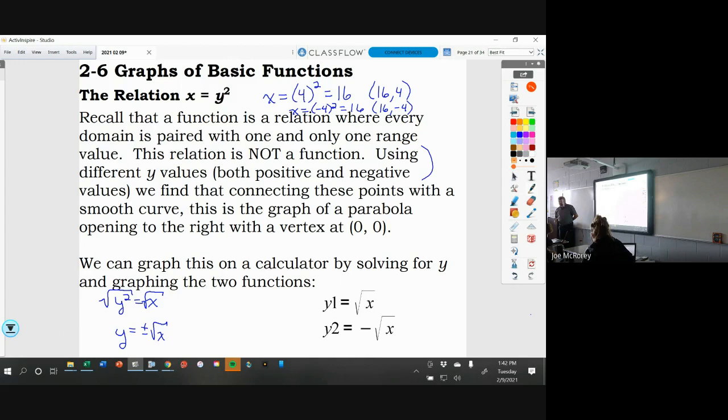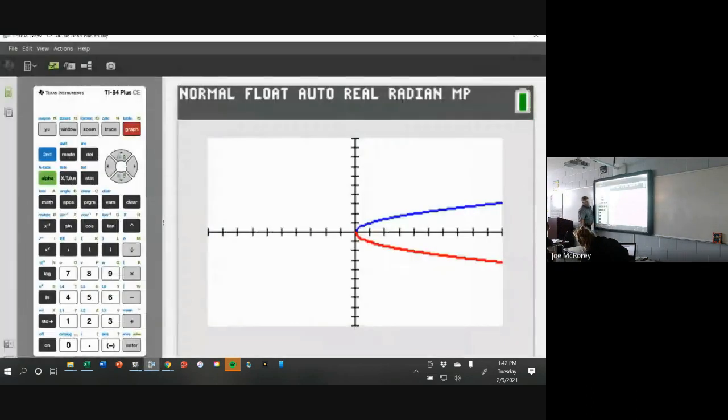So if I was going to graph this relation, I actually have to break it up into two pieces. If I enter y equals the square root of x into y1, and enter negative the square root of x into y2, that would allow me to see this relation. And there it is.